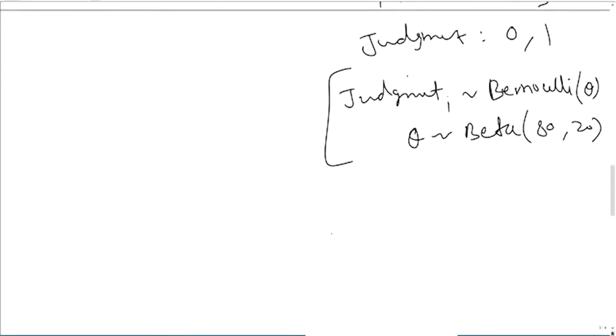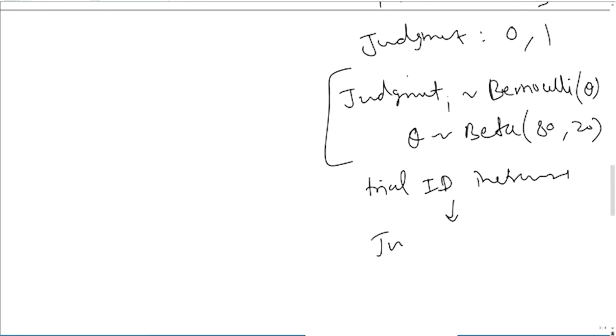But what if someone makes the same kind of hypothesis that as trial ID increases, people get better and better because of practice effect? They get better and better at judging these sentences. So their judgment itself gets better and better. That means their probability of judging a sentence correctly is increasing.